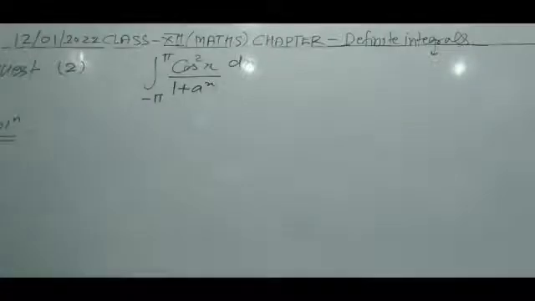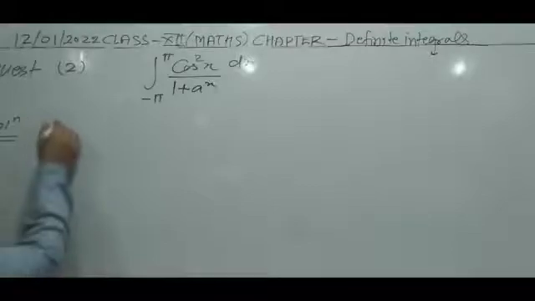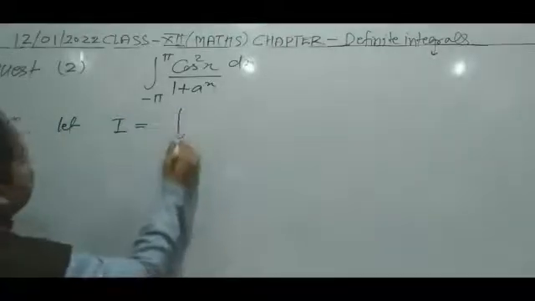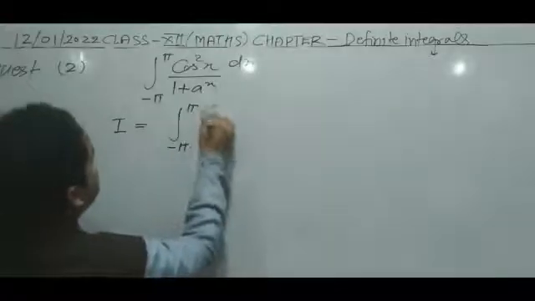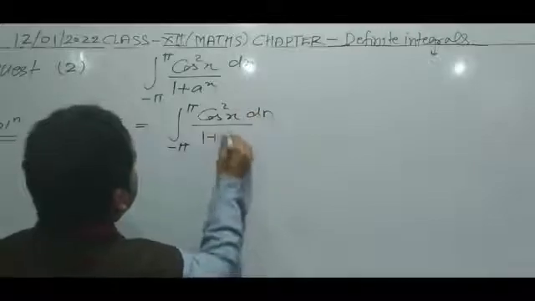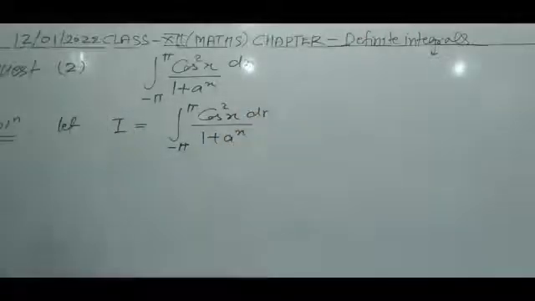So first of all I will consider, let I is equal to the integration from minus pi to pi of cos square x dx whole upon 1 plus a to the power x. We have considered this.